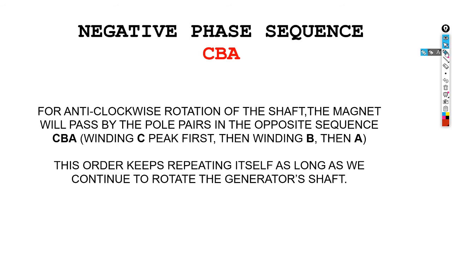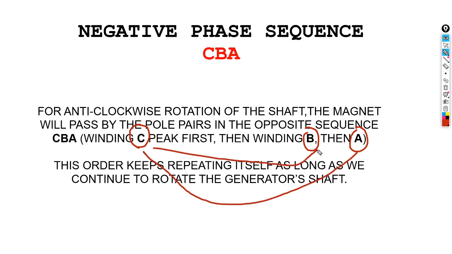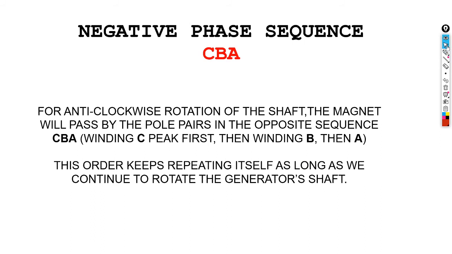CBA means that the conductor C will pick first, then B will be the second, then the last one will be A, and this will be a repetition. After A, we go back to C, B, A, C, B, A. It's going to be a repetition, and this will repeat itself until we stop our shaft.